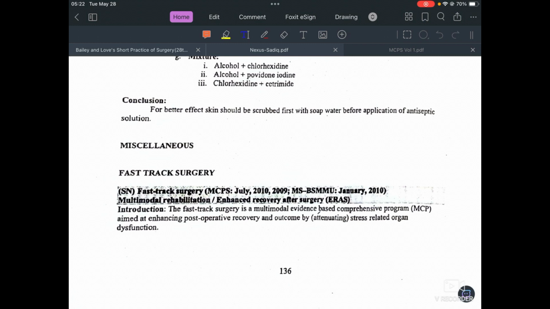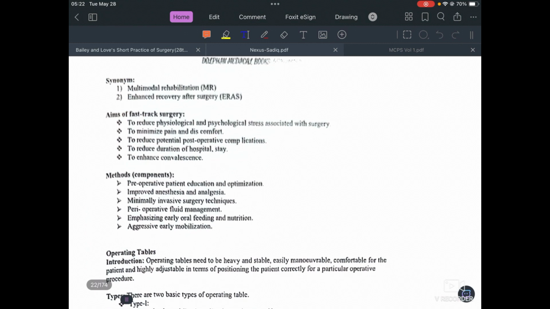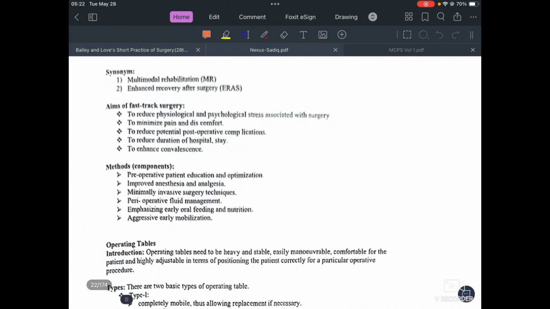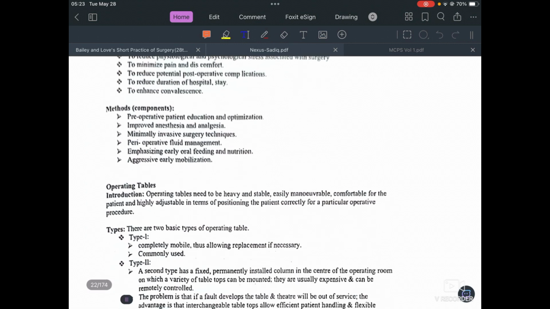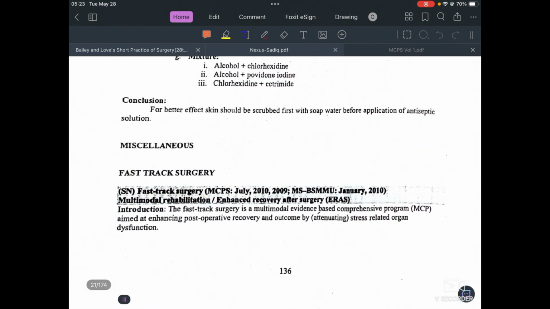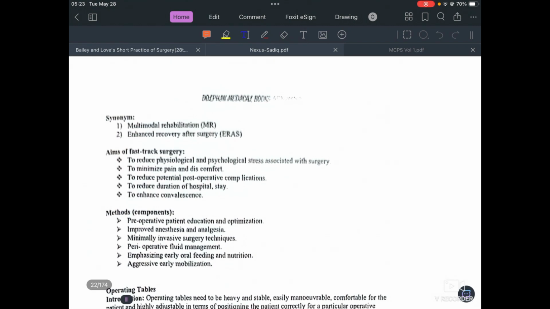Now, it is very important: fast track surgery. Fast track surgery is a multimodal, evidence-based comprehensive program aimed at enhancing postoperative recovery and outcome by attenuating stress-related organ dysfunction. Synonyms: multimodal rehabilitation, enhanced recovery after surgery.